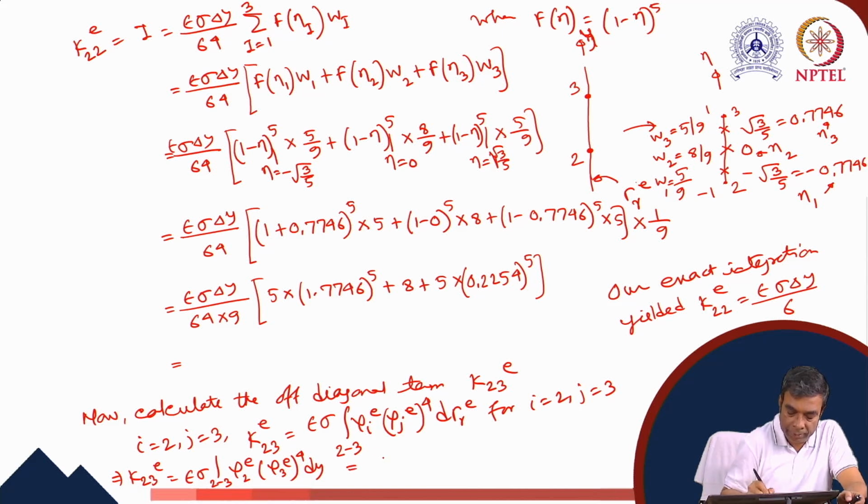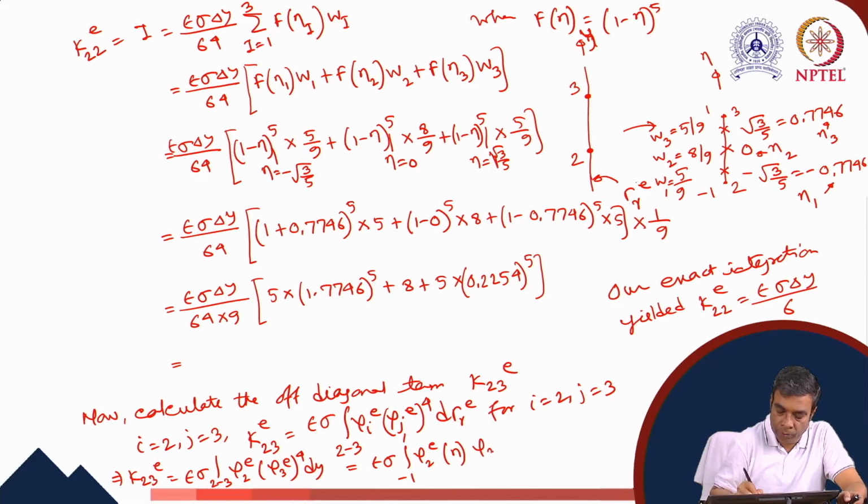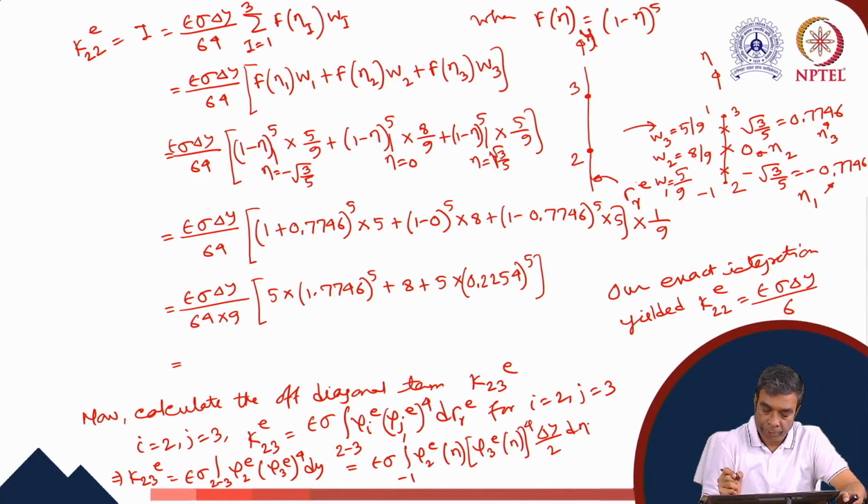So this gives us epsilon sigma integration from -1 to 1 psi 2e eta into psi 3e eta to the power 4 into delta y by 2 into d eta equals to epsilon sigma delta y by 2 integration -1 to 1 psi 2e into psi 3e to the power 4 d eta.